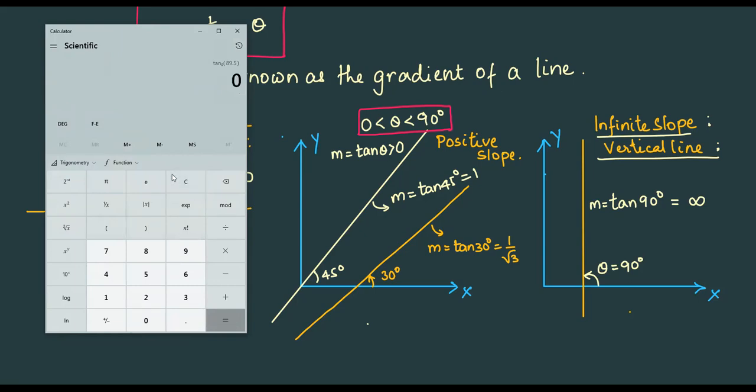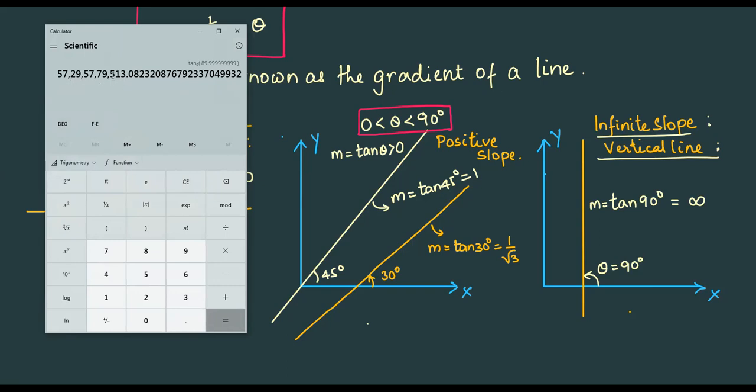Now I'll do 89.99. Sorry, 5,729. Tan value at 89.999999 is 57 thousand.